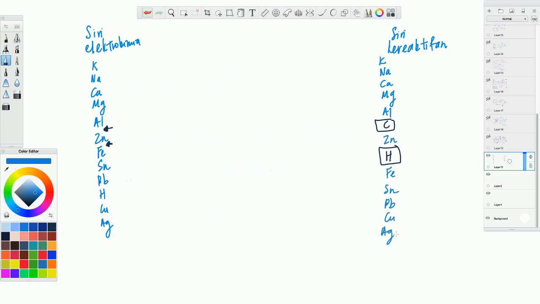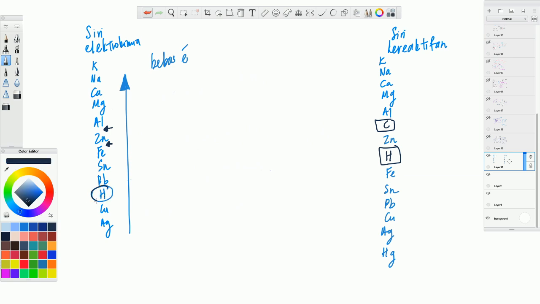Tapi ada kala kita nampak ada mercury lah, ada platinum and so on. Okay, tak penting lah. Yang penting ialah biasanya kita guna siri elektrokimia untuk menentukan siapa bebas elektron. So, semakin ke atas, semakin senang bebas elektron. Oleh itu, hidrogen di sini.